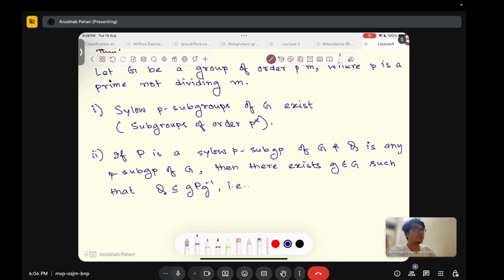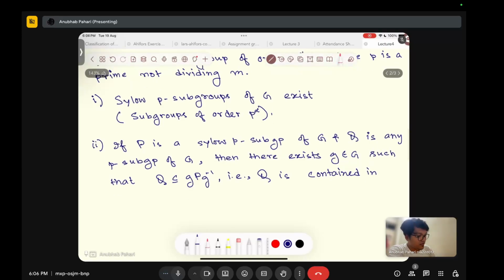That is, Q is contained in some conjugate of P.